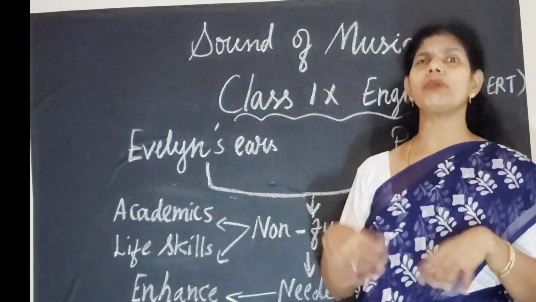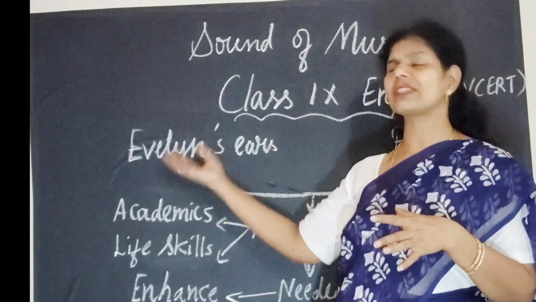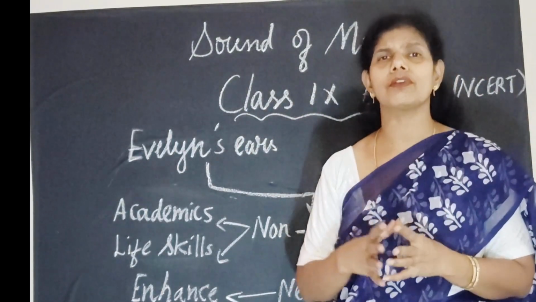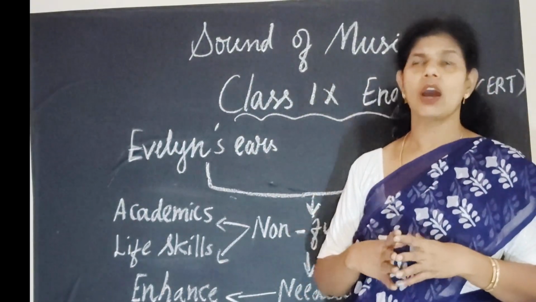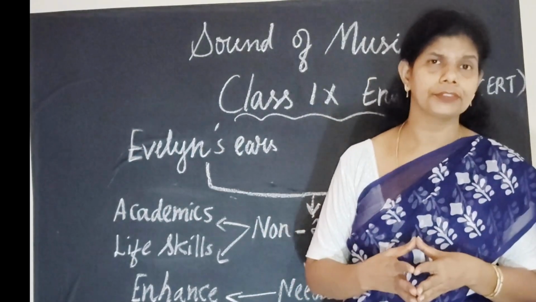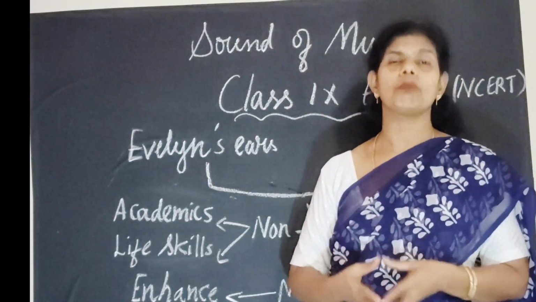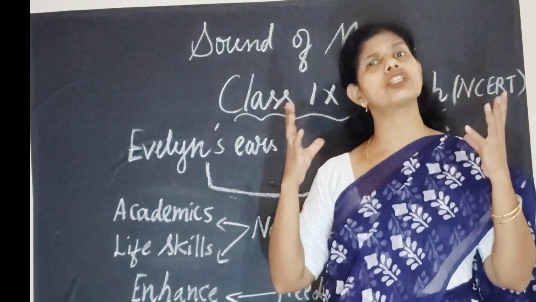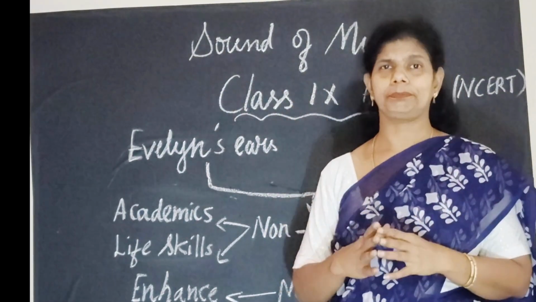And then you might be wondering, ma'am, what do Evelyn's ears and Pungi have to do with us students? How can we connect it to our life? We can, of course, because we all have some non-functional aspect.